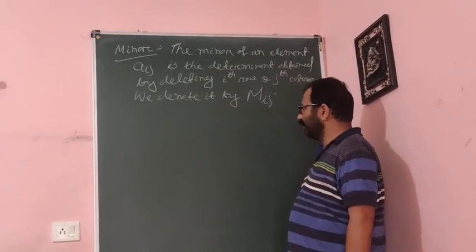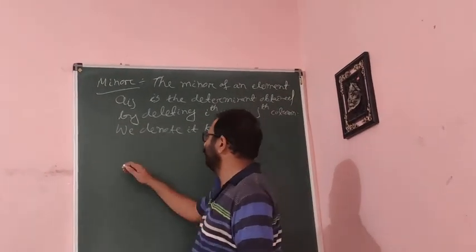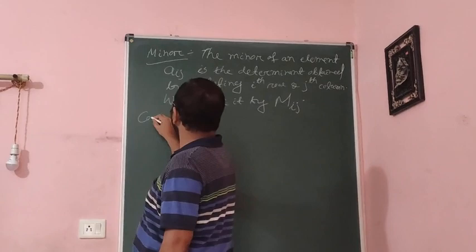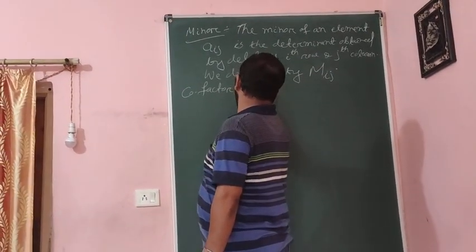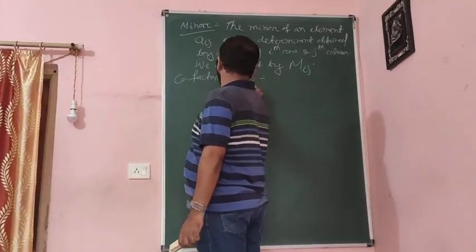So before coming to the example, I want to explain what is the cofactor of an element. Cofactor of aij. What is its formula?